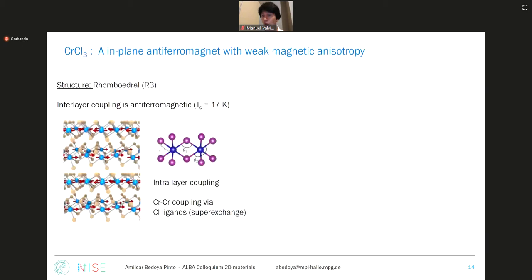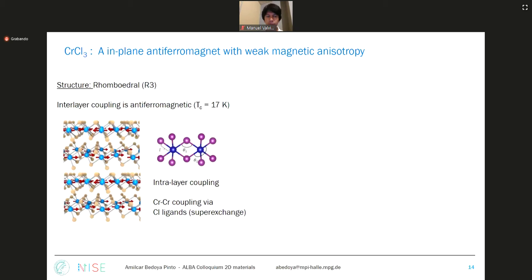So just for the ones that don't know the material itself, chromium trichloride in the bulk is an antiferromagnet, and you have alternating layers. It's a collinear antiferromagnet, so you have alternating layers of spins pointing in alternating directions. The intralayer coupling is governed by superexchange via chromium, chlorine, chromium.